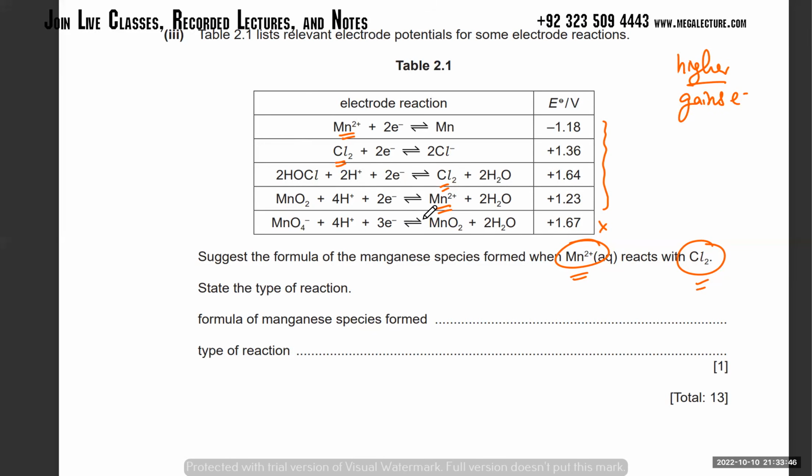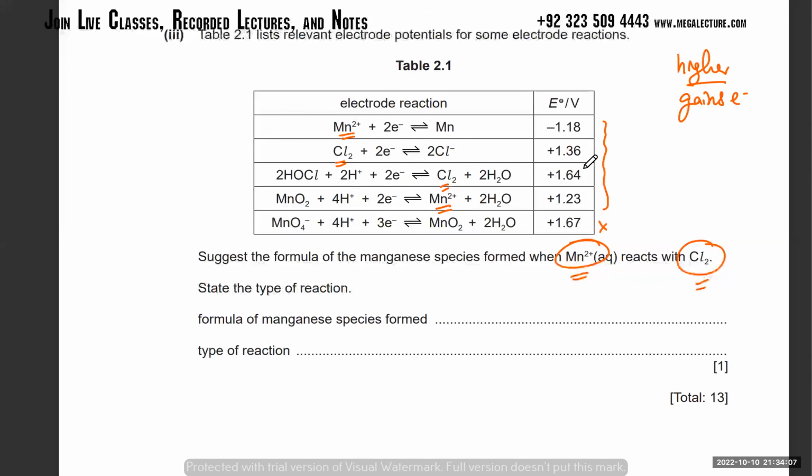Okay, so it's going to be between the first and second, and we can choose Cl2, which is 1.36. Let's figure out who's the higher potential.